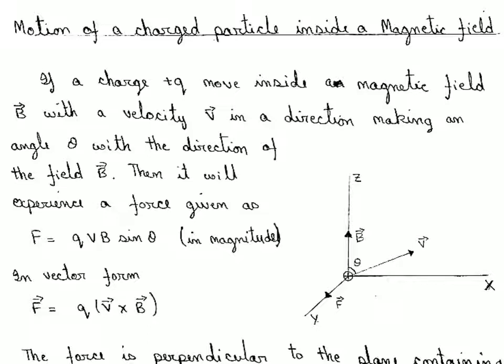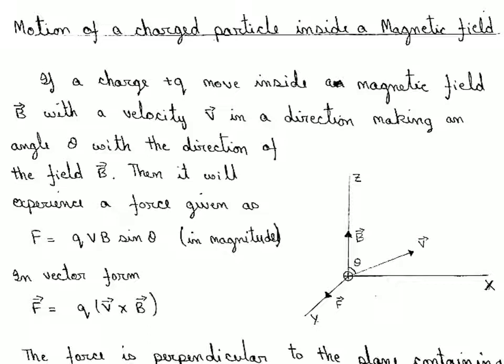Now this is just in magnitude. q is the magnitude of the charge, v is the velocity with which it is moving, B is the magnetic field, and theta is the angle between the direction of the charge's velocity and the direction of the magnetic field. Now in vector form, this force is given as F vector is equal to q v vector cross B vector.